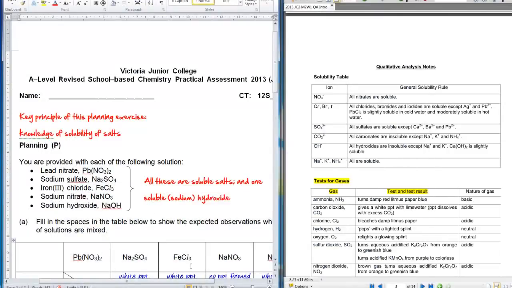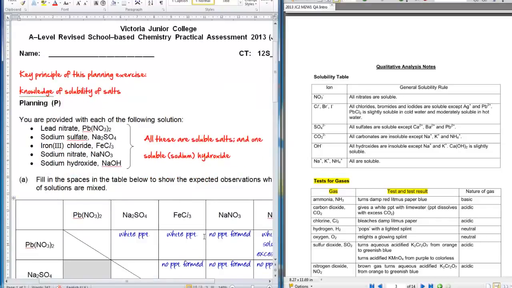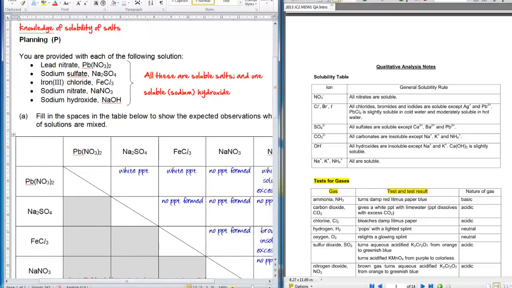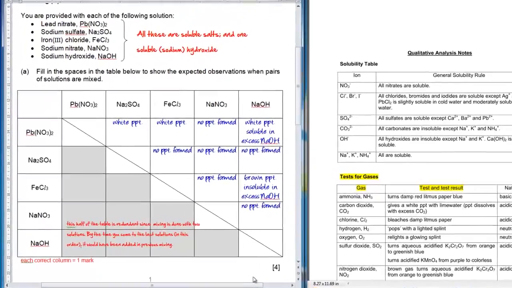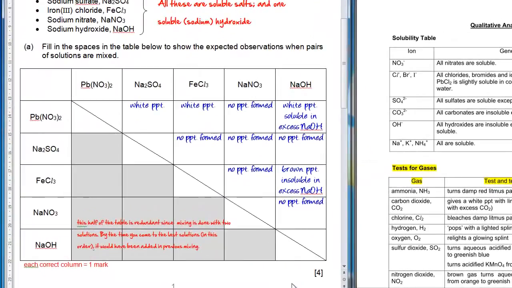If you look at this table, I'll fill in the blanks for you. In this table you're supposed to fill in the expected observations when pairs of solutions are mixed.